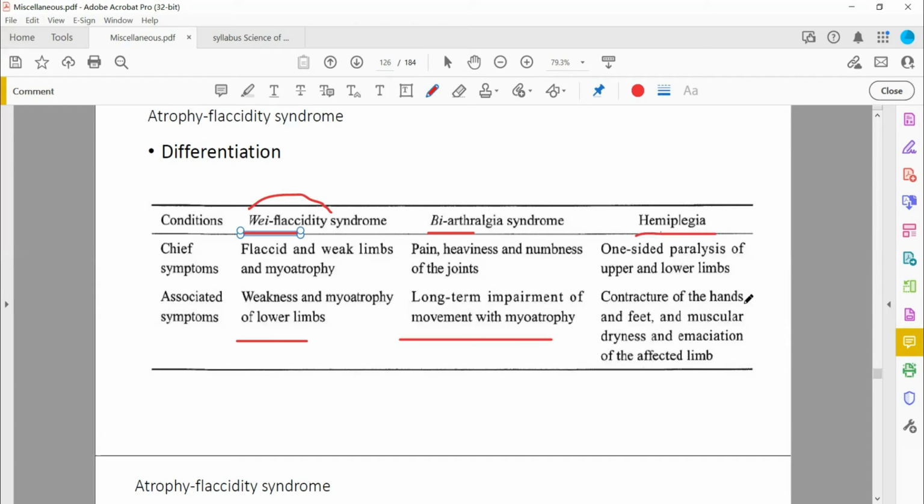This one's similar, right? Because half the body cannot move. So if we don't use that side for a long time, there will be weakness too.